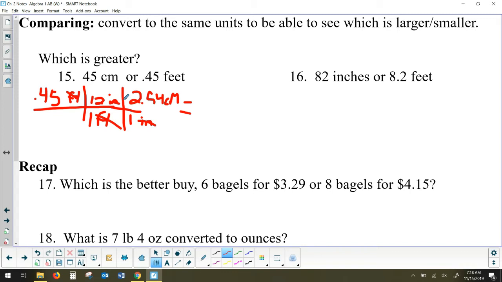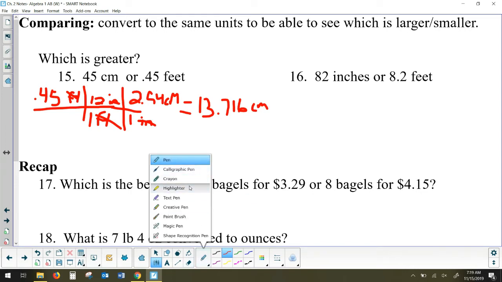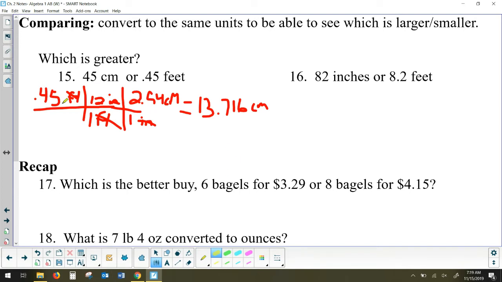And you get 13.716. And we look, we see, which is greater? 45 centimeters, 0.45 feet is only 13.716. 45 centimeters is greater. Ooh.